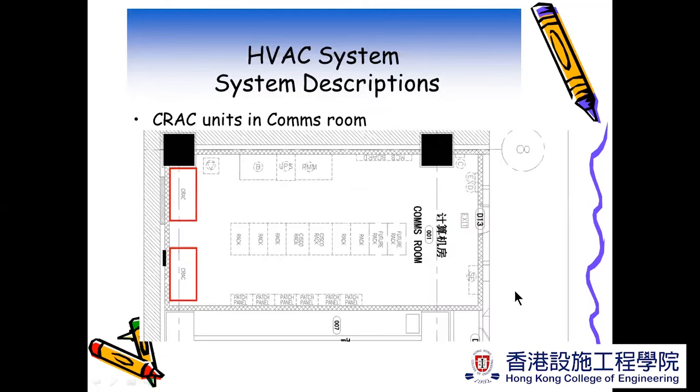Now this is the comms room here, the computer room or communication room. In this case, we can see that these are the building columns, but the two CRAC units are here.